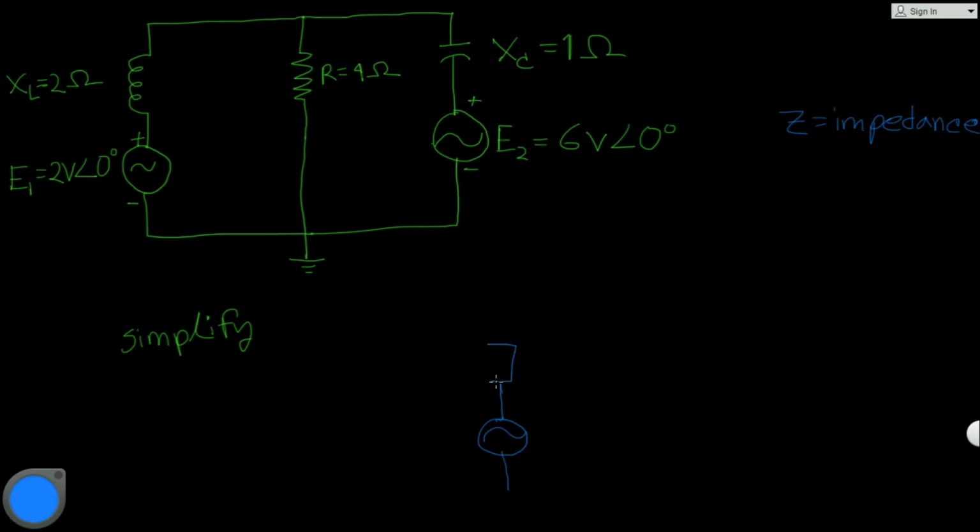Here you can assume XL equal to Z1, R equal to Z2, and XC equal to Z3, and they are all impedances.